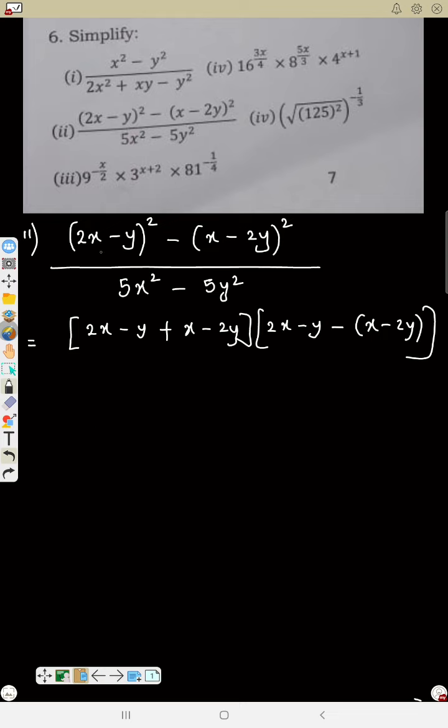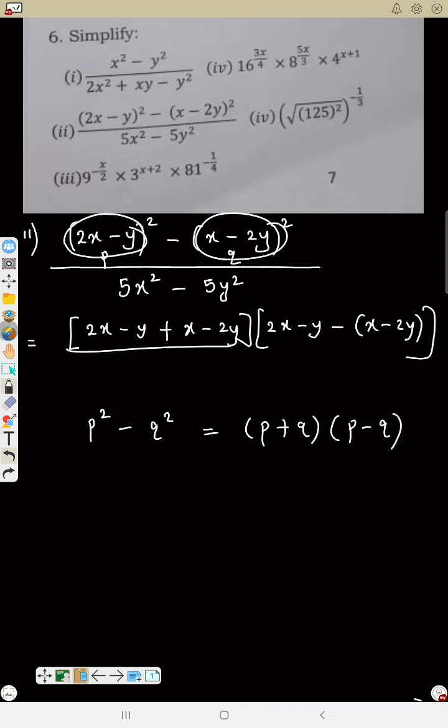If we call this one p and this one q, it will be like p square minus q square, so that will be (p plus q)(p minus q). So this one plus this one, we have it here, then this one minus this, we have it here. That is difference of two squares.